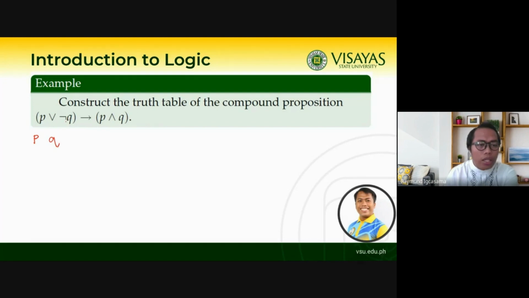Tapos naamay not Q, so ato siya dugangan og not Q. Okay? Tapos, P or not Q. Kani. Tapos, P and Q. Kani siya. Tapos, ang final. P or not Q implies P and Q. Ana lang, no?